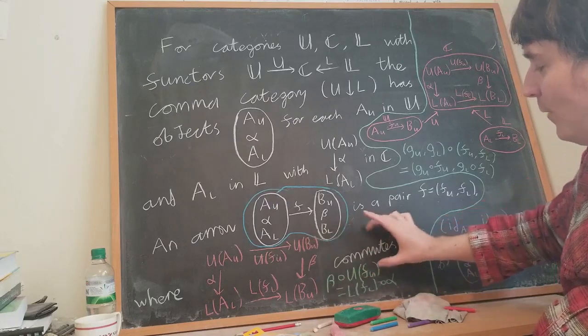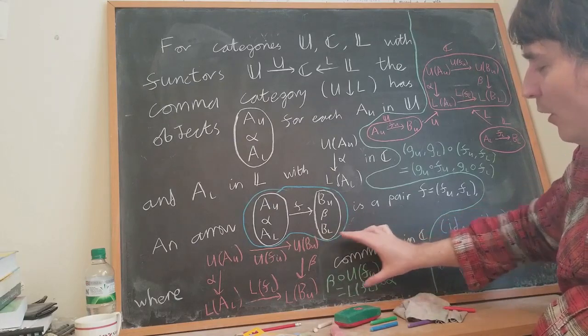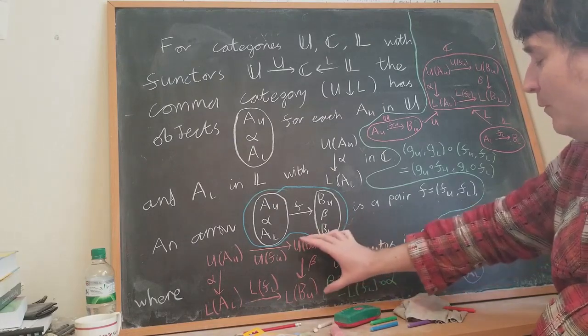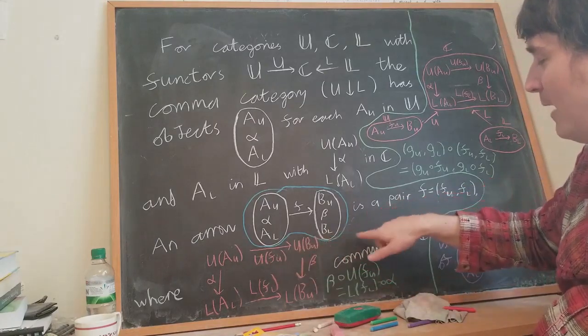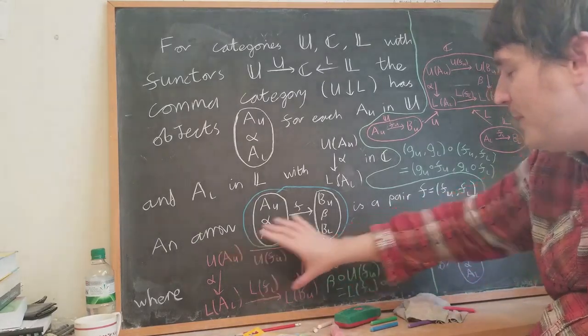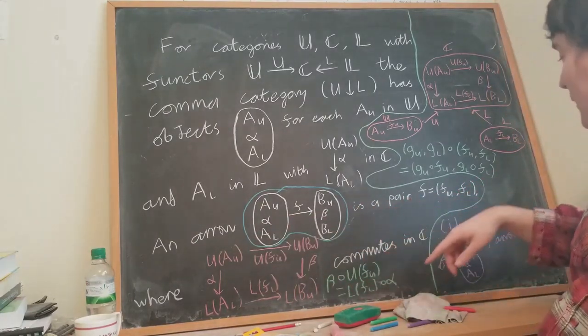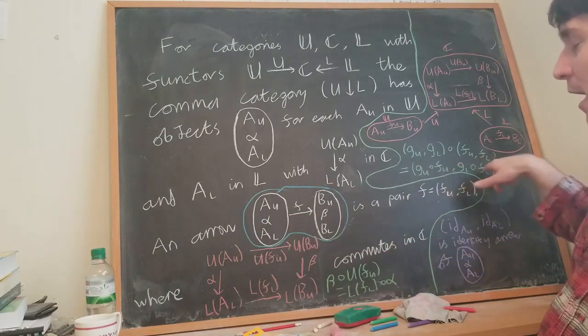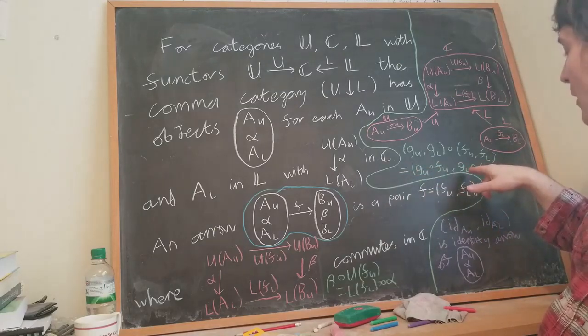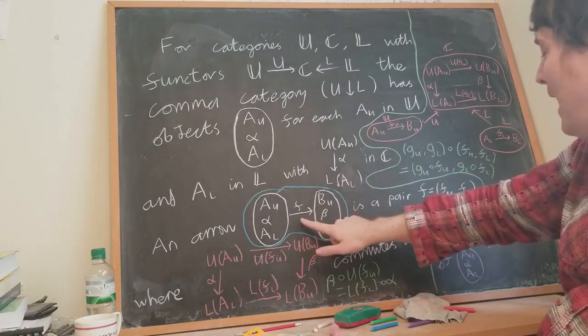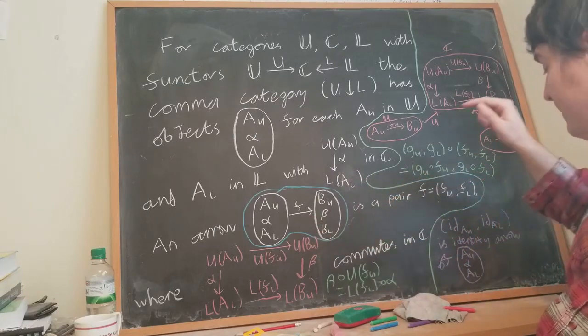We'll have another square that represents what's going on with G. And then we know that this square commutes and this square will commute. And then we can prove that the big square commutes as well. So this is going to give us another arrow of our comma category, the composition of this arrow F with another arrow G.